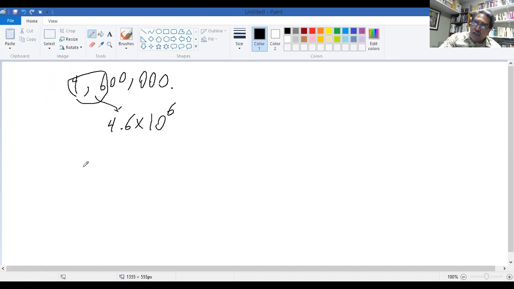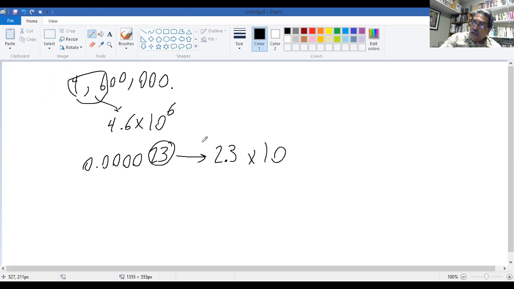Let's look at another one. Here we have 0.000023. This is the same as, again, take this 23, put the decimal here, times 10 to the power of, now you're moving this way.